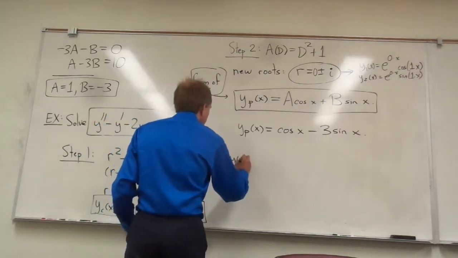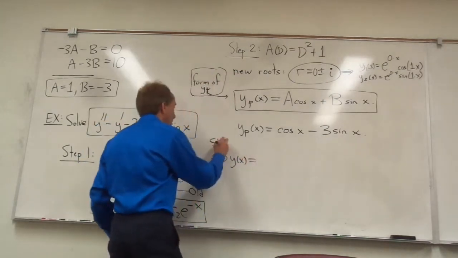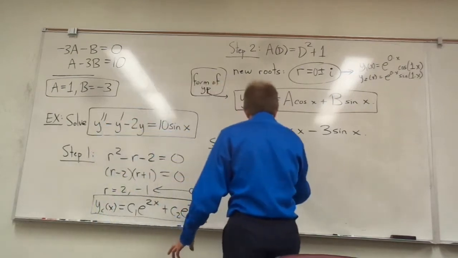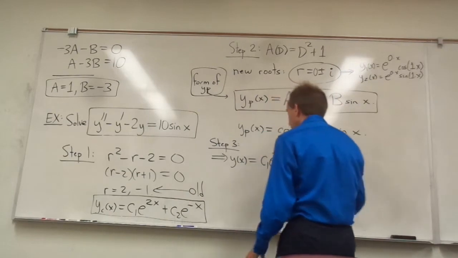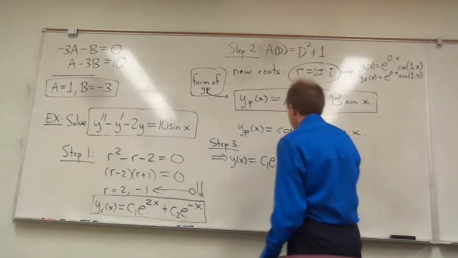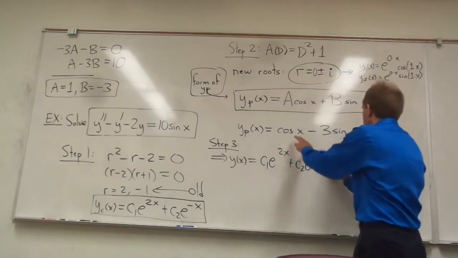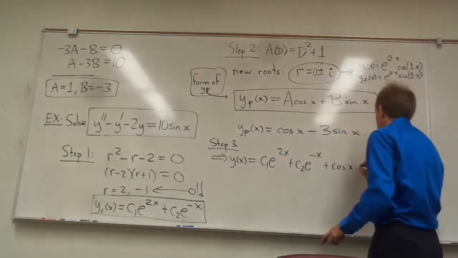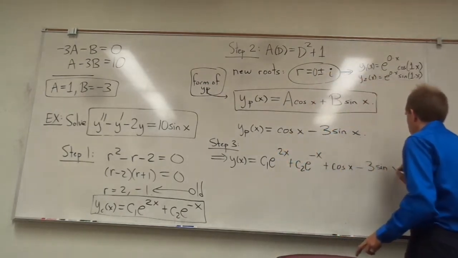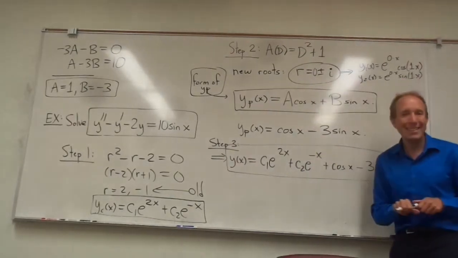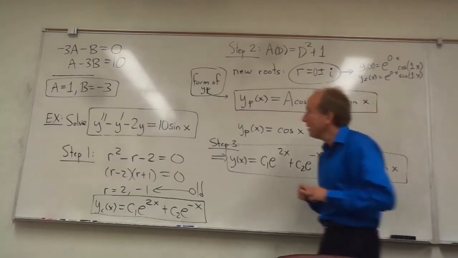And so my final answer, this is step 3: we put the complementary function, c1 e to the 2x plus c2 e to the negative x, plus the particular solution, cosine of x minus 3 times sine of x. That would be the answer for step 3.